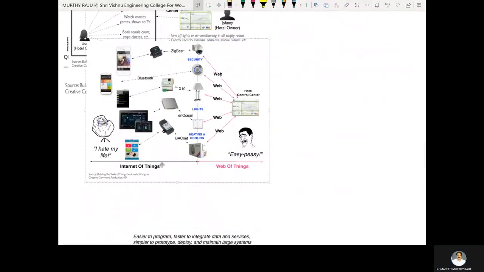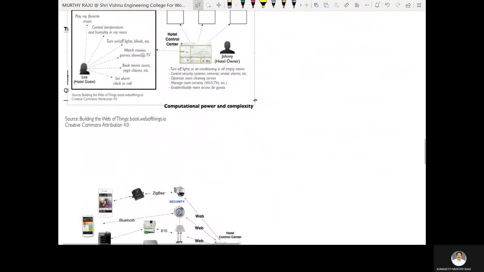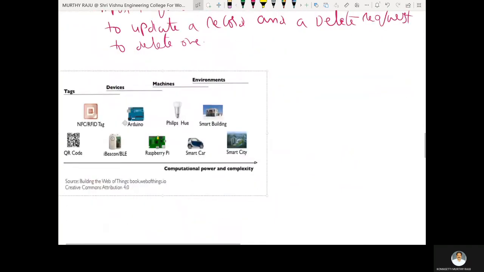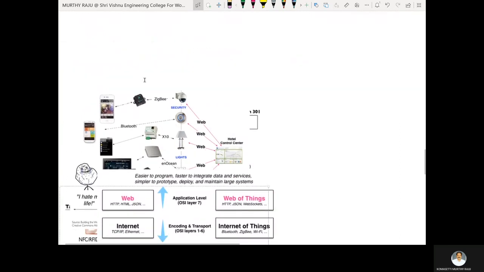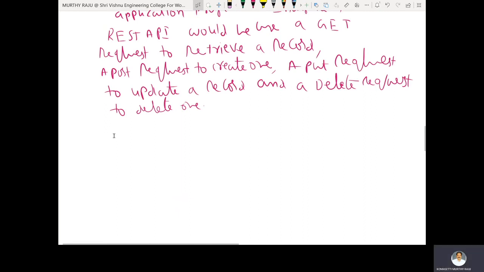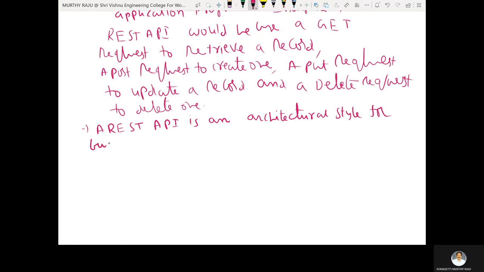REST API is an architectural style for building web services that interact via an HTTP protocol.